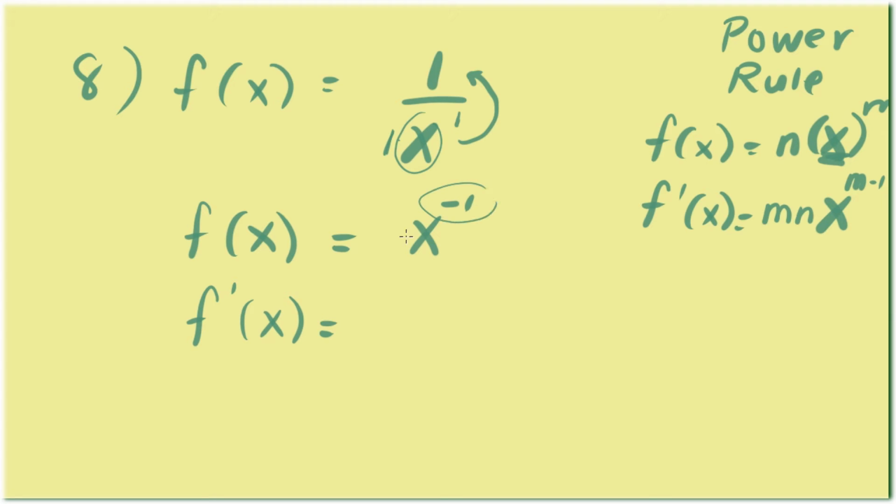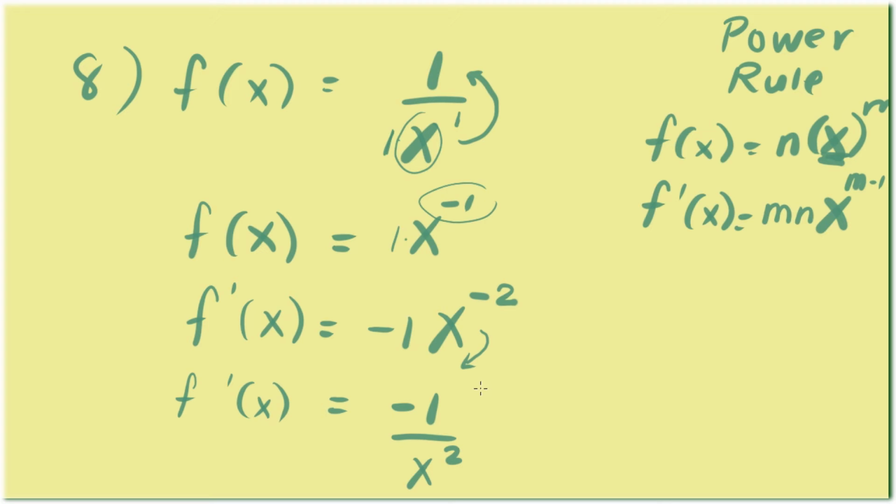So this negative 1 times this understood 1 as coefficient is equal to negative 1 x to the negative 2, because you're going to take away 1 from that negative 1. So negative 1 minus 1 is going to be negative 2. Now your final derivative is going to be expressed using positive exponents. So we can move this x to the negative 2 downstairs, and that makes that negative 2 positive, okay.